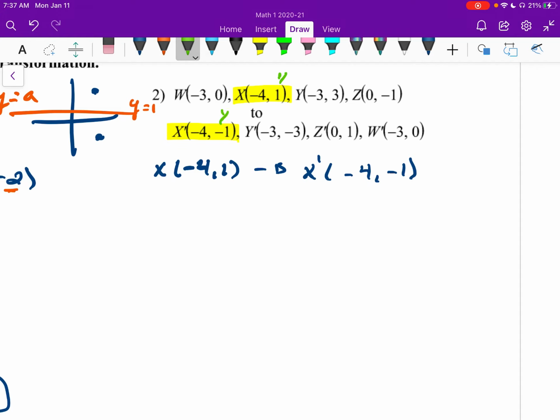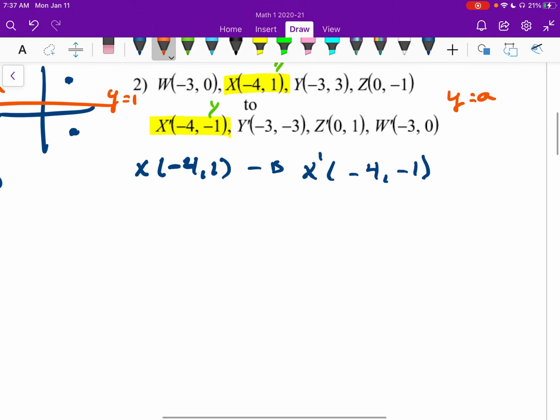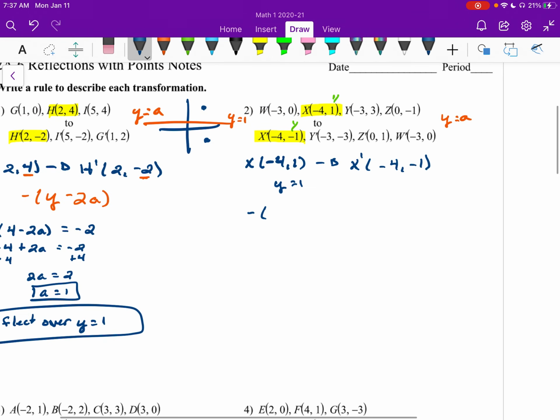So we're going to be using that same formula. We know that there's some kind of y equals a that we reflected over. So I'm going to use that formula. I'll say y is 1, and then I have the formula negative y minus 2a.